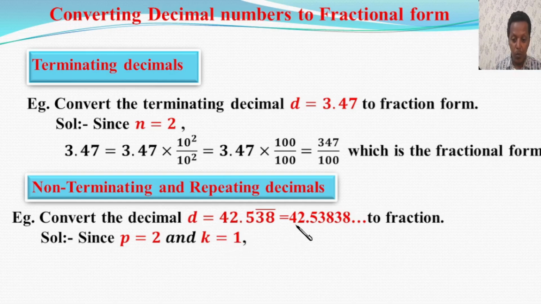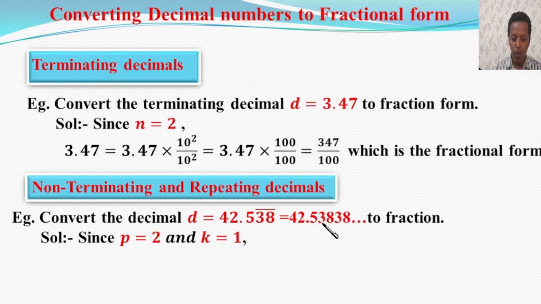K, which is 1, because the only terminating digit after the decimal point is what? 5. So we have 1 terminating digit after the decimal point, and we have 2 repeating digits, 3, 8, 3, 8, 3, 8. Infinitely many 3 and 8.